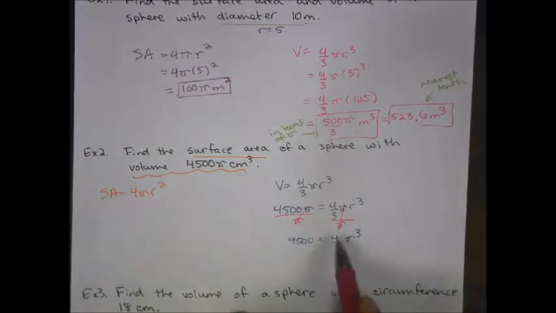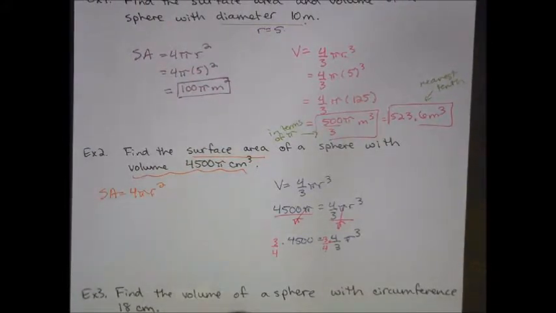Now, how do I get rid of this fraction, this 4 over 3? We times by the reciprocal. So 3 times 4,500 divided by 4, I get 3,375.